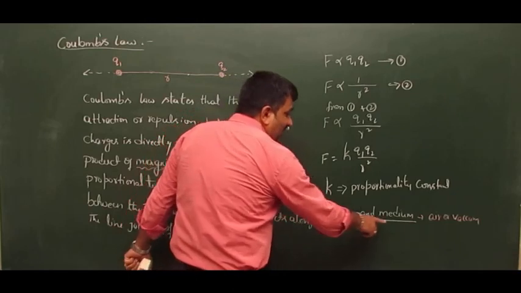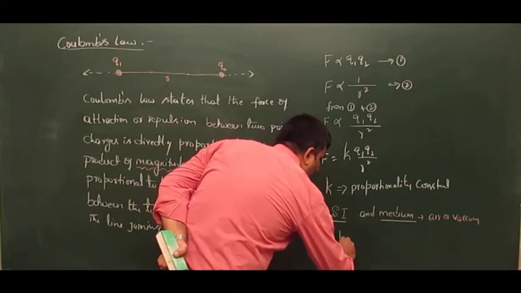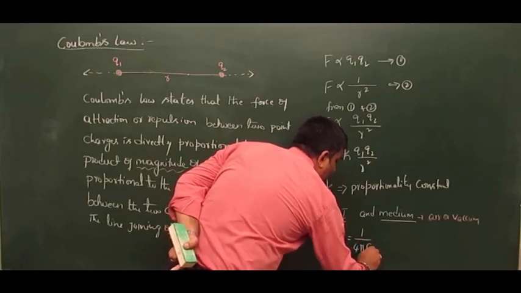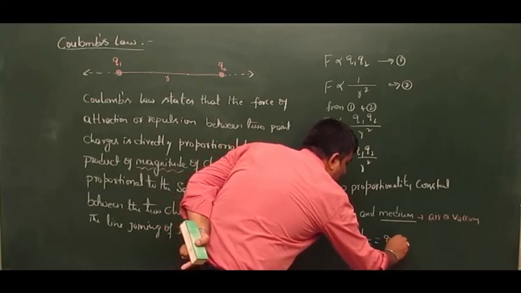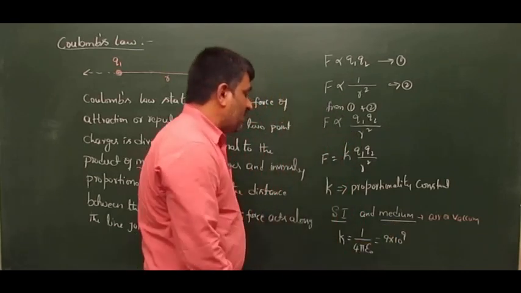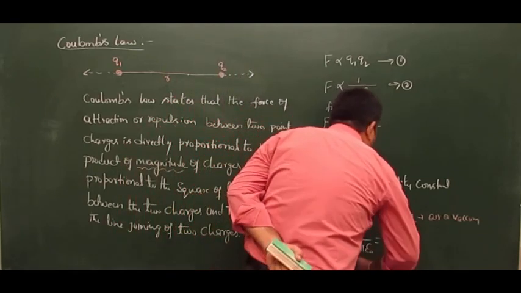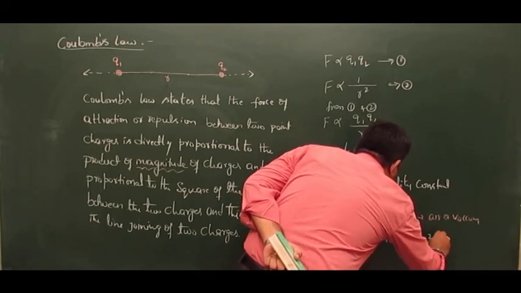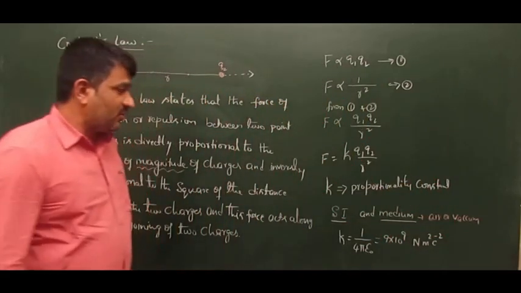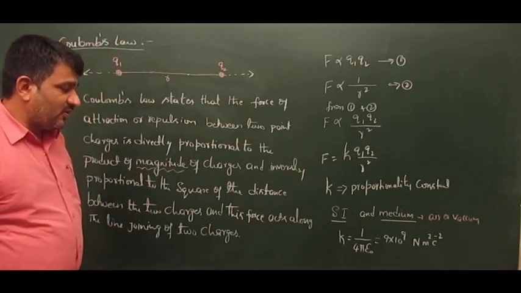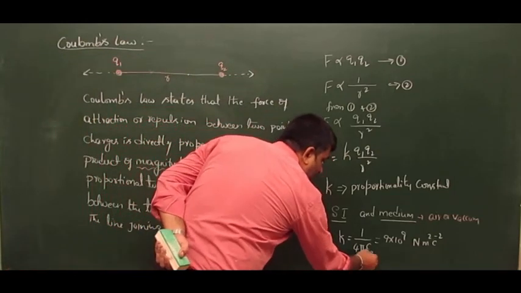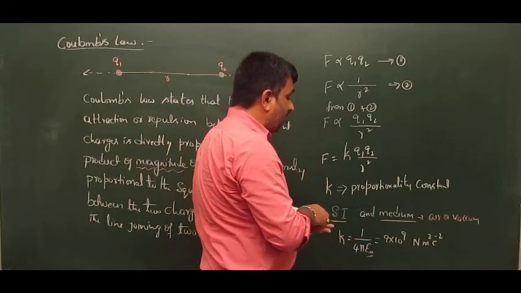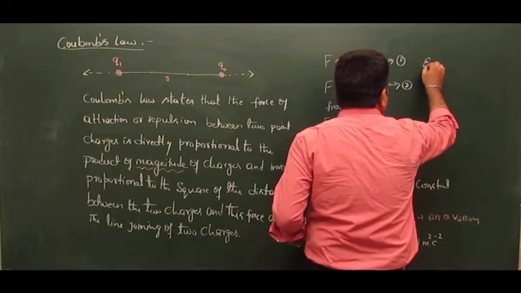For SI units and a medium of air or vacuum, the value of k is equal to 1 divided by 4 pi epsilon naught, that is equal to 9 into 10 to the power of 9, in units of Newton meter square per Coulomb square, where epsilon naught is the permittivity of free space.